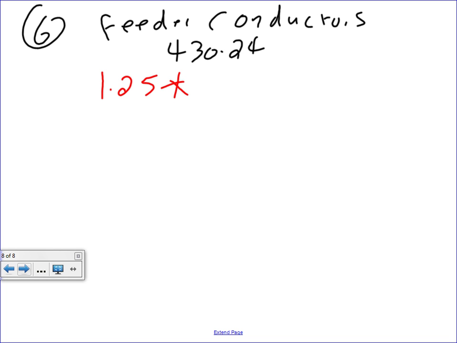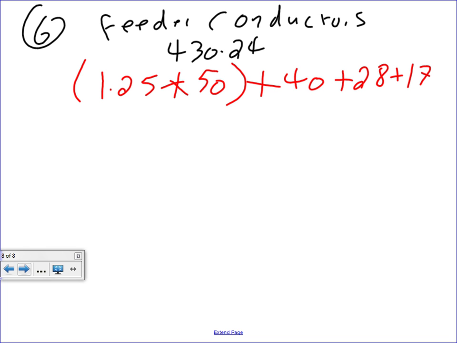It was 50. Plus 40, plus 28, plus 17. Add them up. So you take the largest motor, multiply by 1.25, add the rest to it. 1.25 times 50 plus 40 plus 28 plus 17 equals.